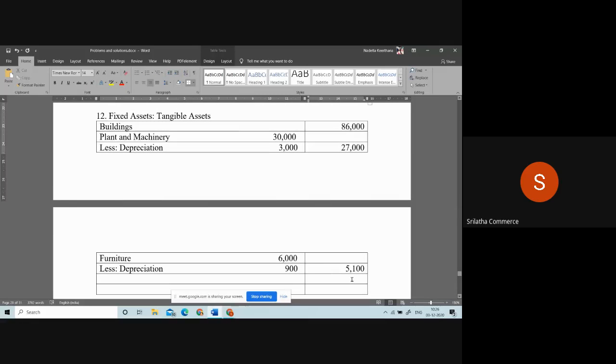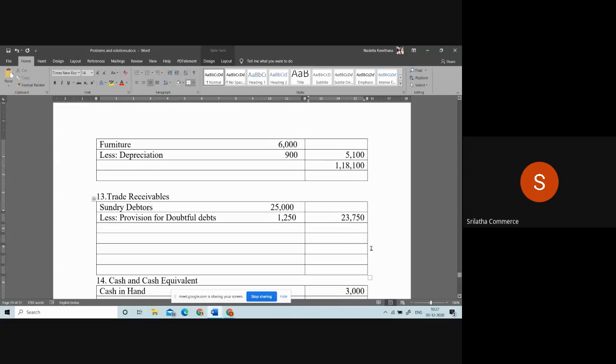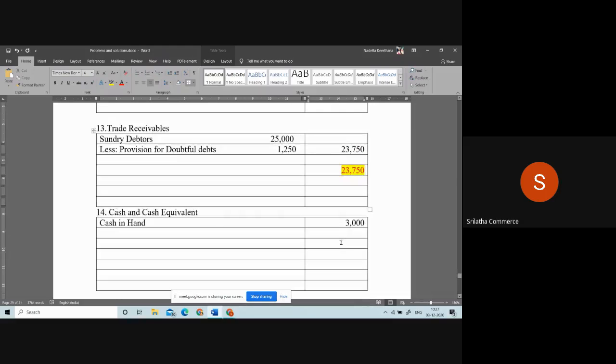This one, fixed assets, 1,18,100. Then trade receivables, 23,750. Then cash and cash equivalent, 3,000.